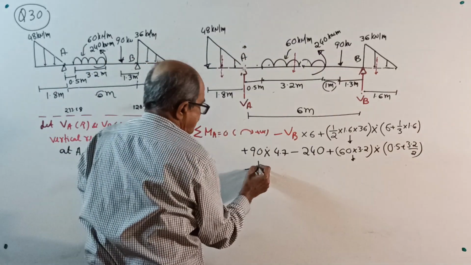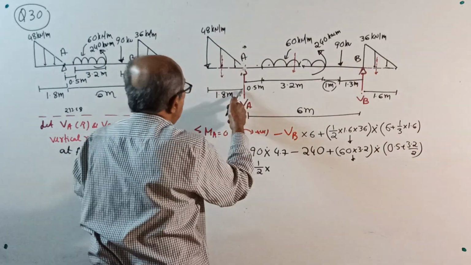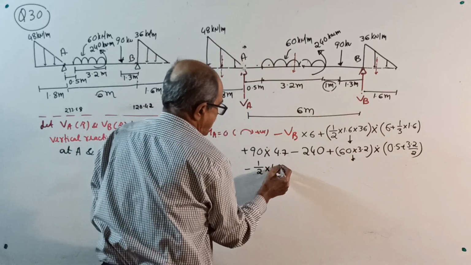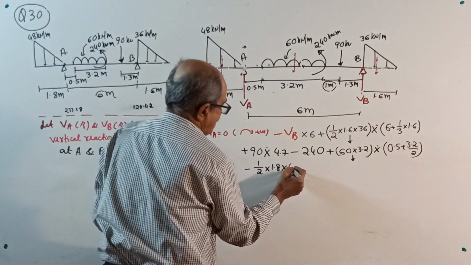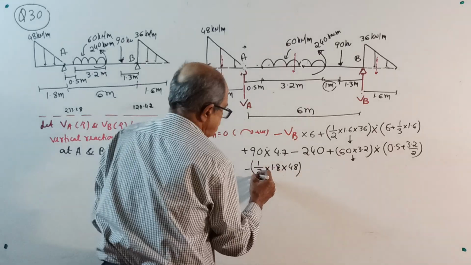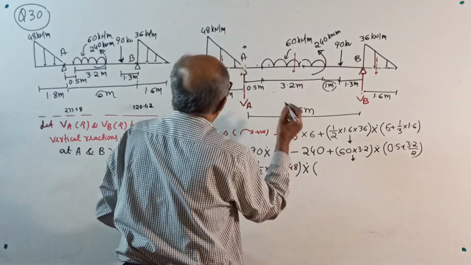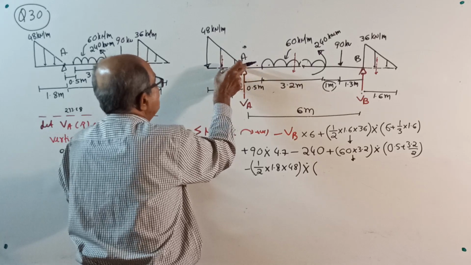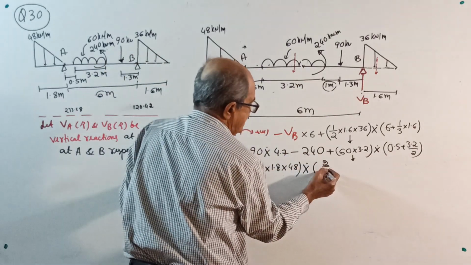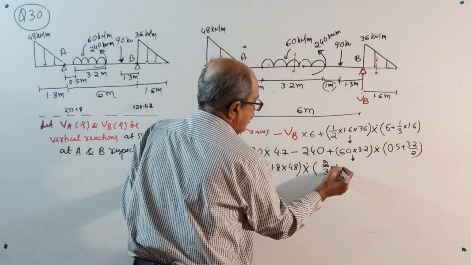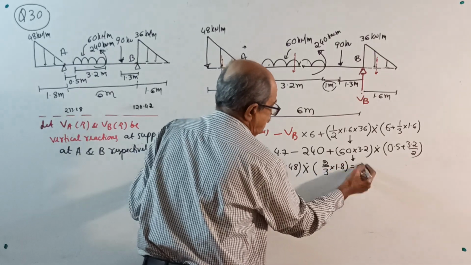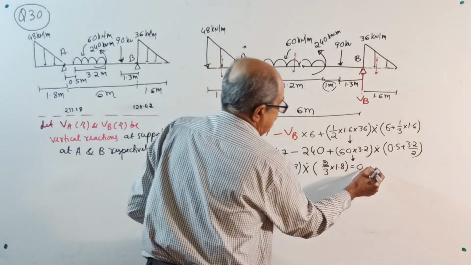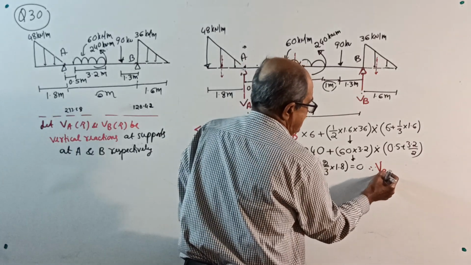Anti-clockwise. Minus half into 1.8 into 48 is the total load, multiplied by moment about A. From A to this line of action, this is 2/3 of 1.8. Why 2/3? I will not tell now. Equal to 0. Therefore, you will get the value of VB.